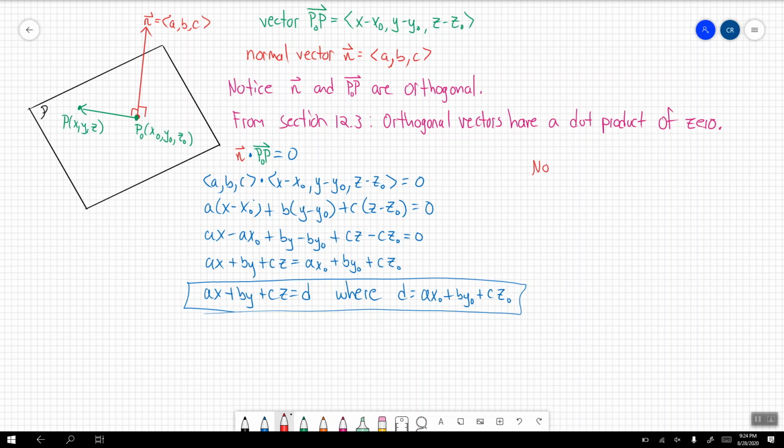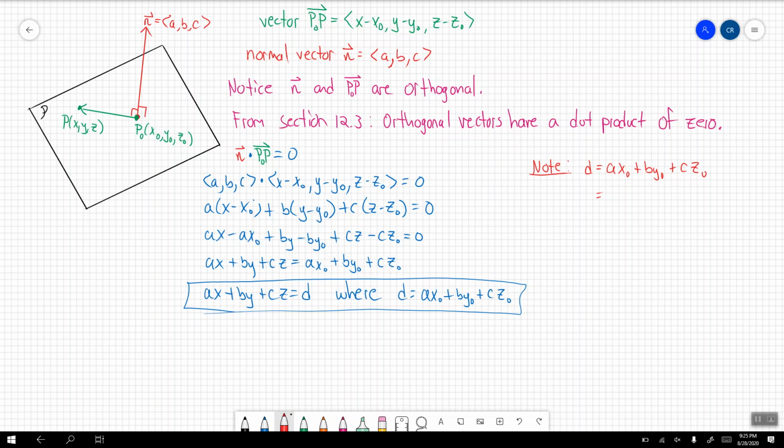Note coefficient D, which is given by A x naught plus B y naught plus C z naught. This is actually a dot product. First term is made up of two different factors, added to a second term that has two different factors, added to a third term that has two different factors.